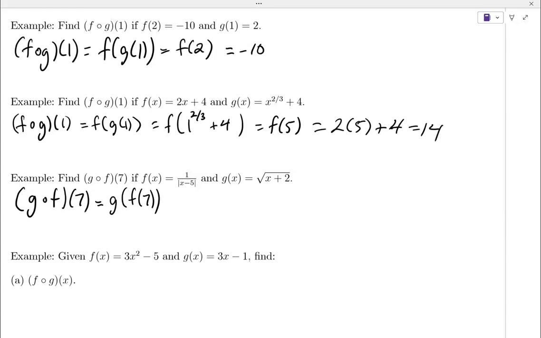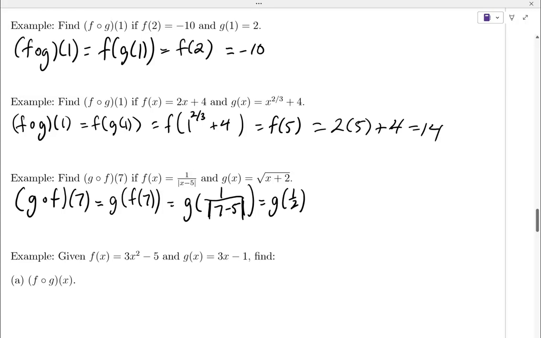So where does the 7 go first? Into the X for F, right? So 1 over absolute value of 7 minus 5, the way that's written. 7 minus 5 is 2. Absolute value of 2 is 2. So we get G of a half.